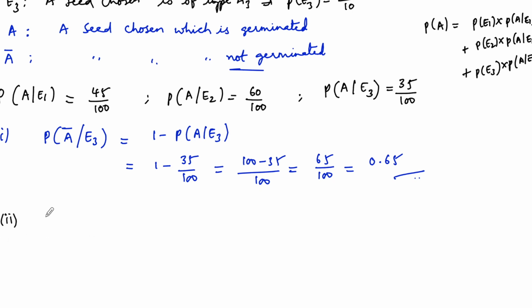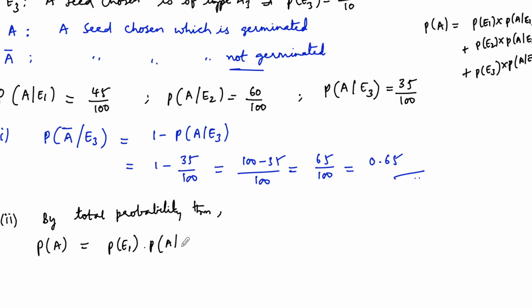By the total probability theorem, the shaded region representing P of A is equal to the selection of the first type, P of E1, into the shaded region from type A1, plus the selection of the second type into the shaded region of type A2, plus the probability of the third type, E3, into the probability of a shaded region from type 3.